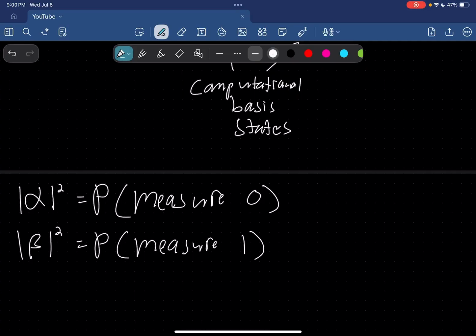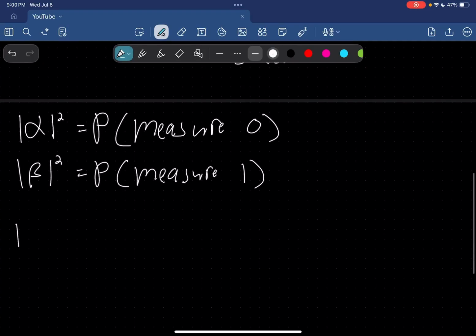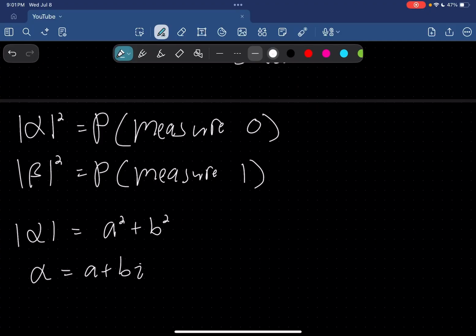The modulus squared of beta is going to be the probability that we measure a 1. The modulus of any complex number, writing it in terms of its real and imaginary terms, is simply going to be the magnitude of the terms.